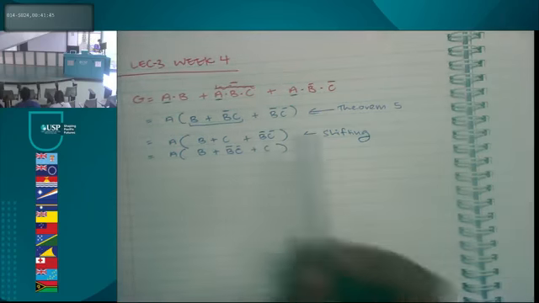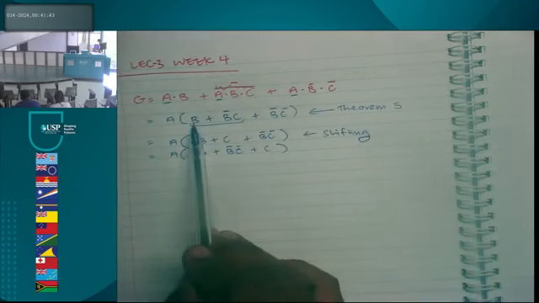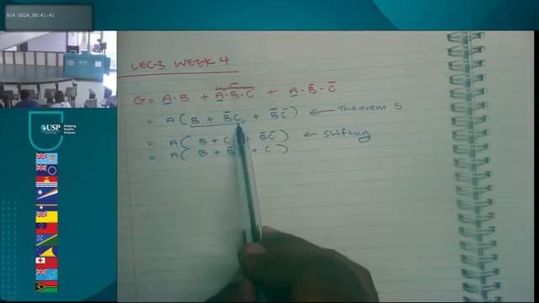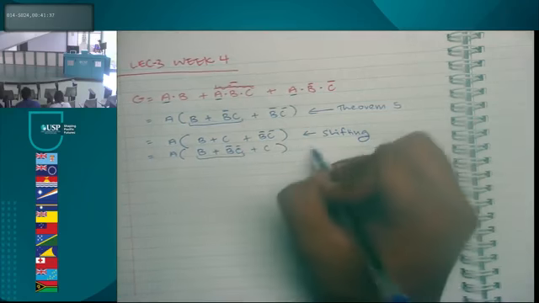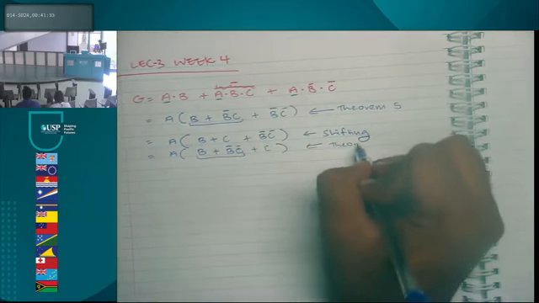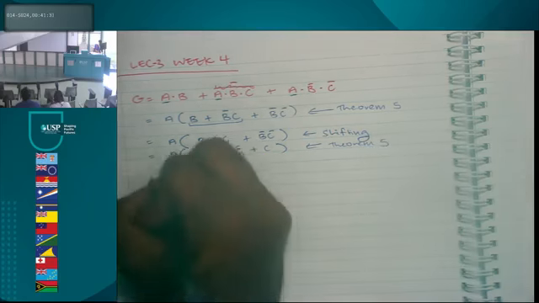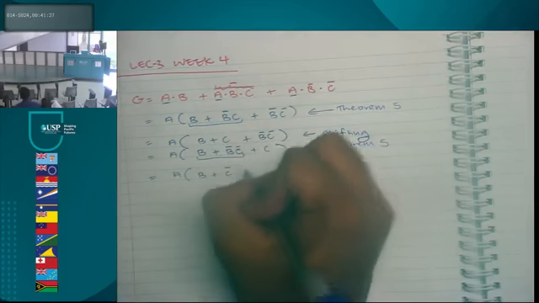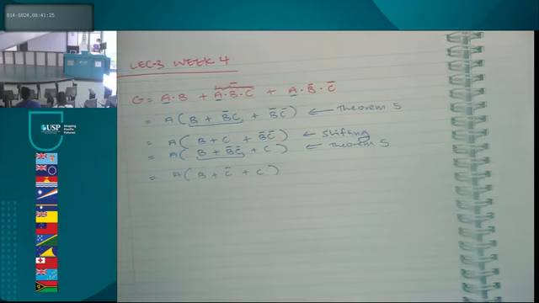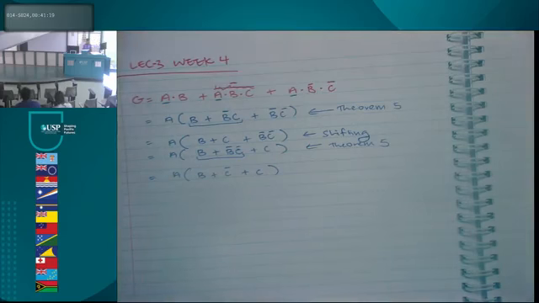So in this case, we use B or B inverted C, and we got B or C. Here, we're going to be using theorem 5 again. This time you'll get B or C inverted. Okay, do you get me? Right, we're just playing around with the theorems. All good till there? Okay.